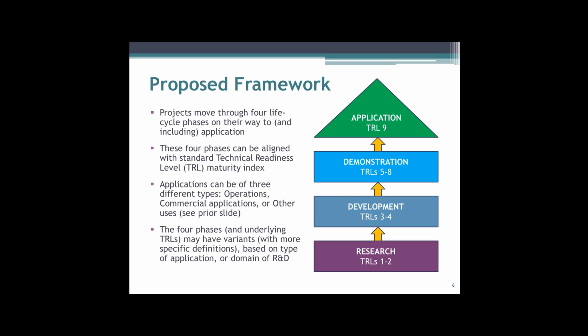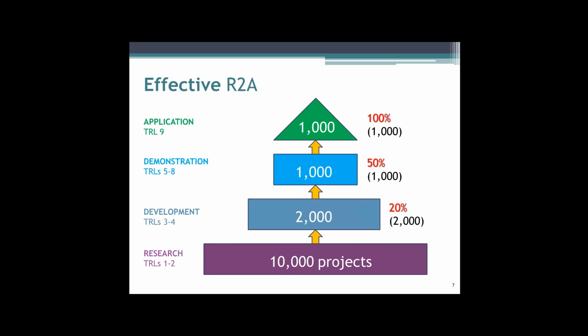One way to look at this in the case of NOAA is that an effective picture of what's going on would look something like this, where you had lots of projects at the basic level, TRL 1 to 2, but only a small percentage of those moved into the development phase, keeping in mind that as you go up this pyramid, it becomes more and more expensive.